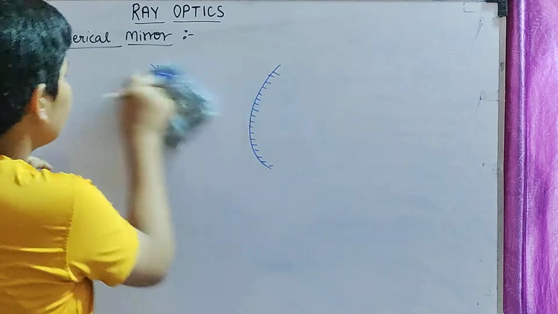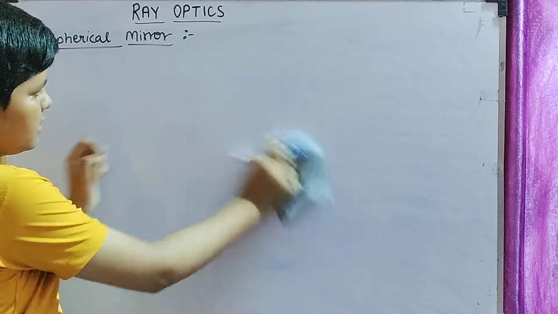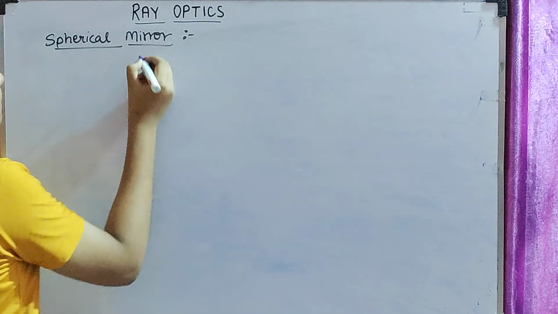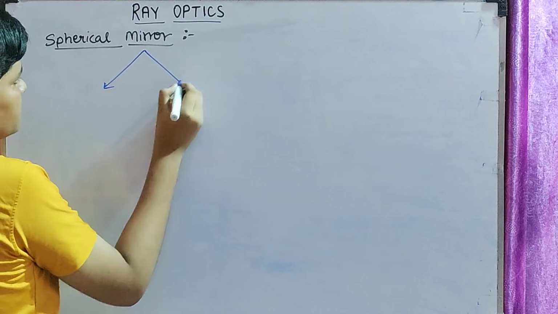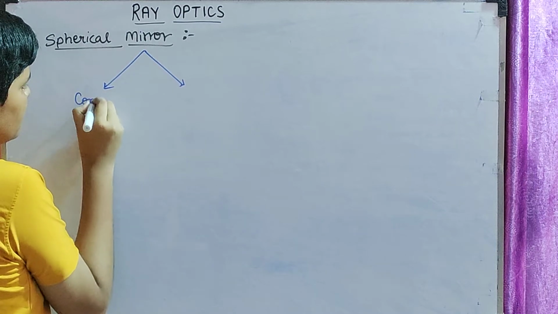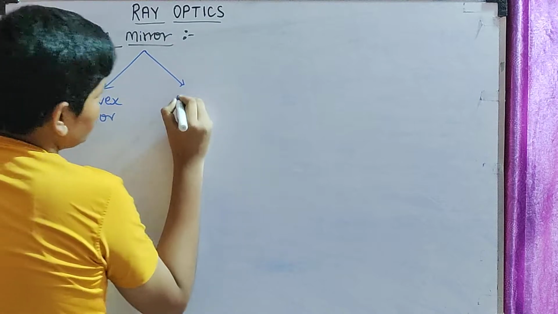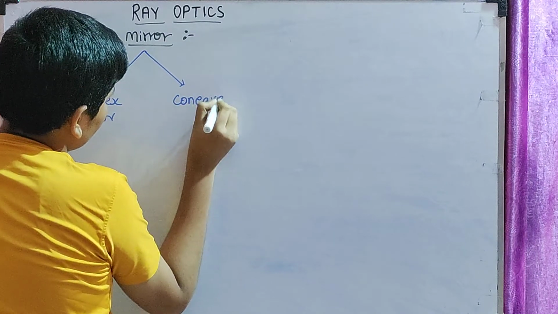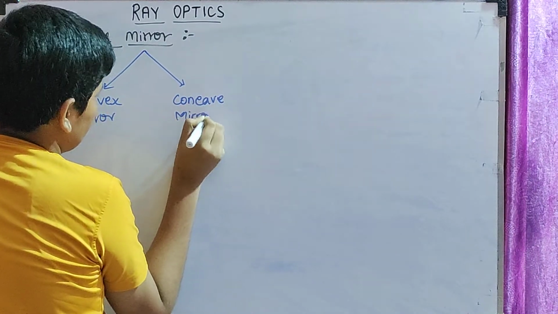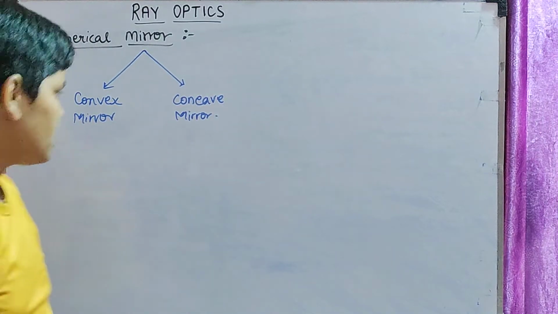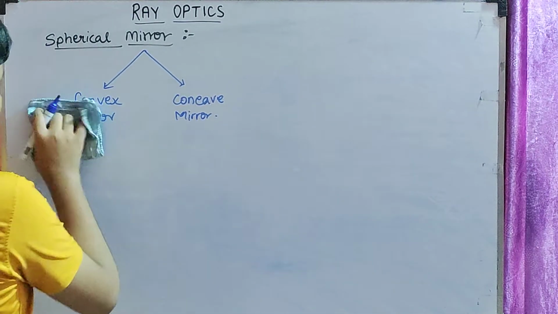So we'll be naming them and we'll continue this chapter. Here spherical mirrors are of two types. First is convex mirror. Second one is concave mirror. What are convex mirror and what are concave mirror? So let us start this topic.